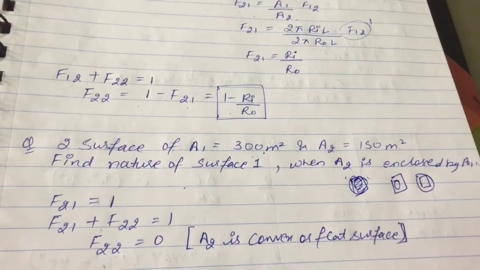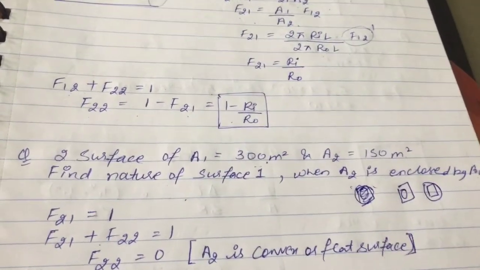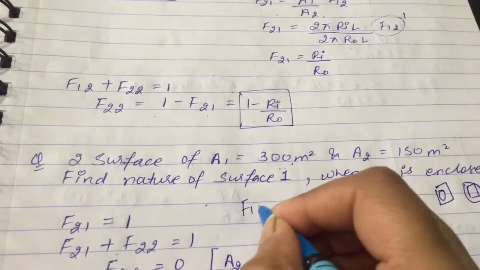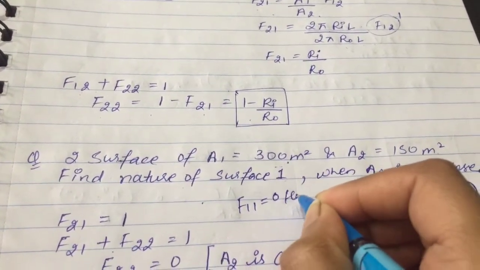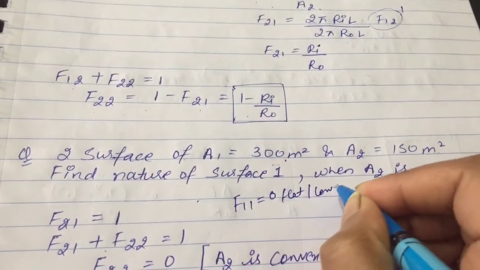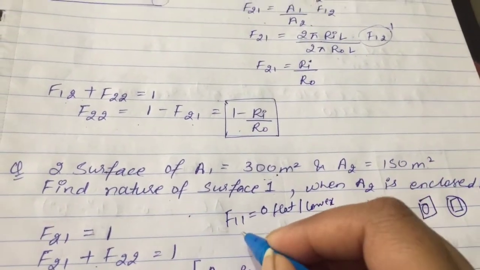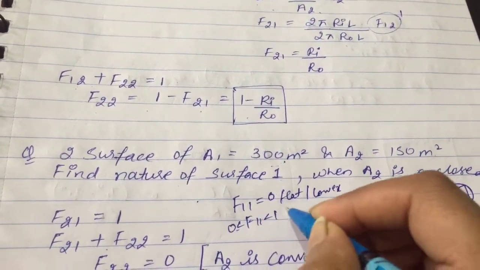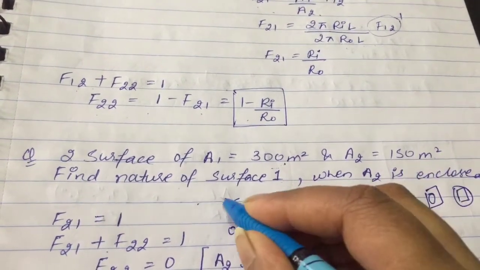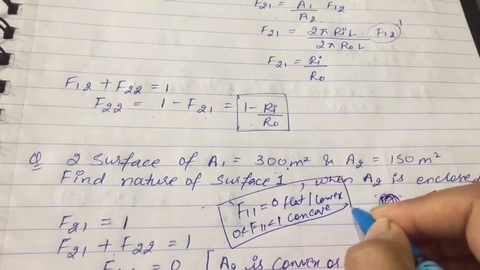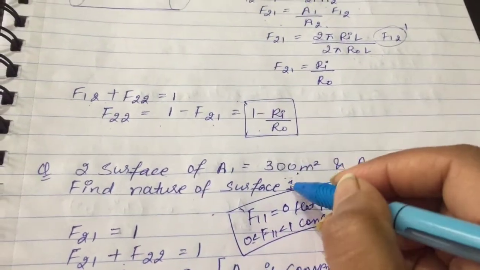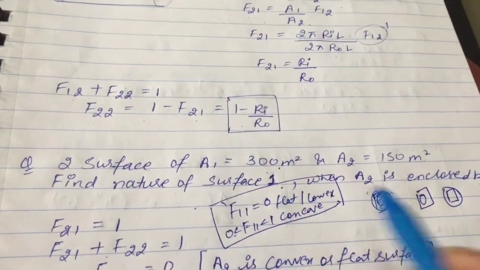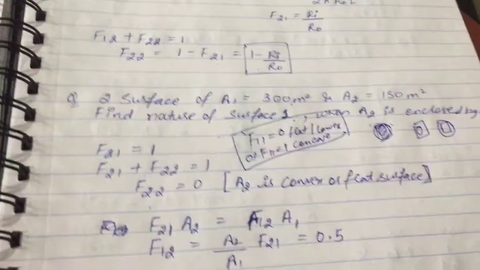How can we find that? We know that the radiation of a body onto itself is zero when it is a flat or convex surface, and it would come out between 0 and 1 if it is a concave surface. So if we find the radiation of surface 1 onto itself, then we can easily know the nature of the surface. So let's get started.